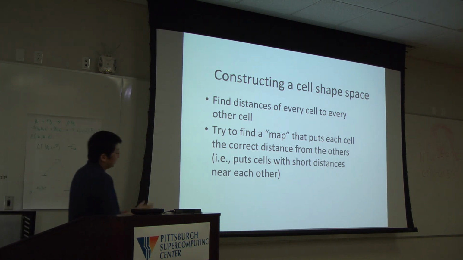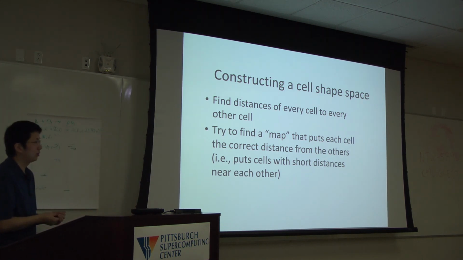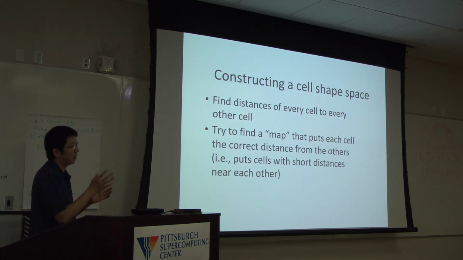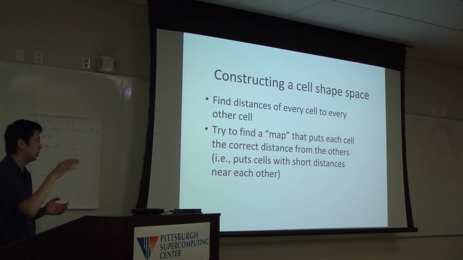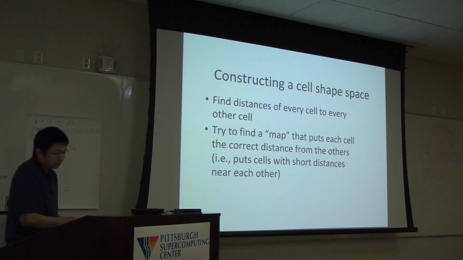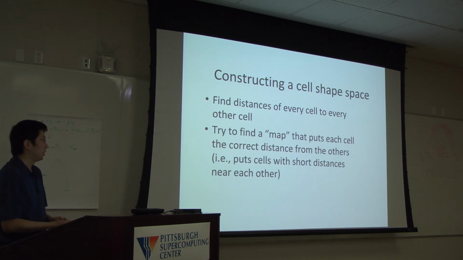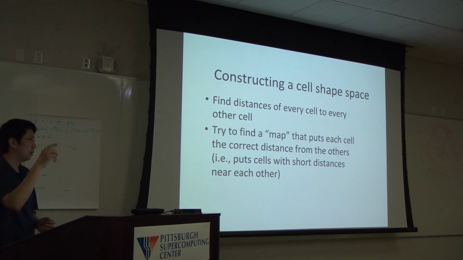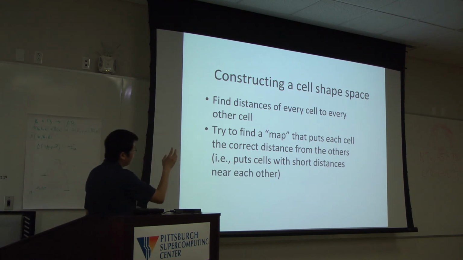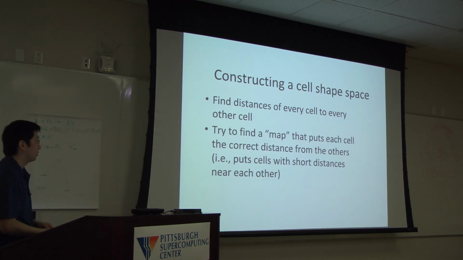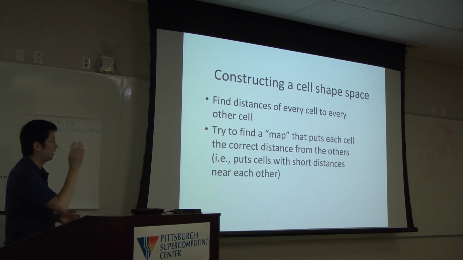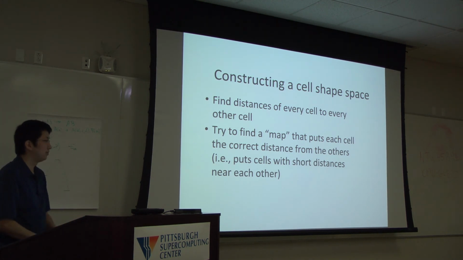But what if we have a lot of cells? Then we can compute the pairwise distance between them to measure the dissimilarity between these shapes. And if we have n cells, then we will get n square distances between them, which can form a distance matrix. But we want to find a map where we can put the cells so that their distances are preserved.